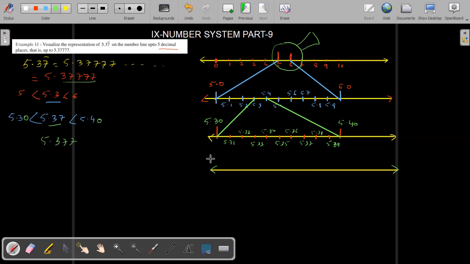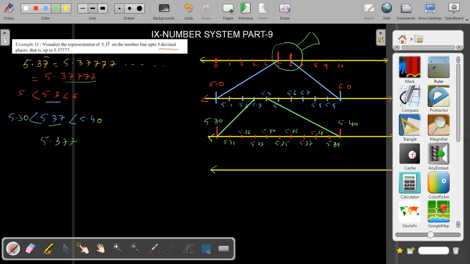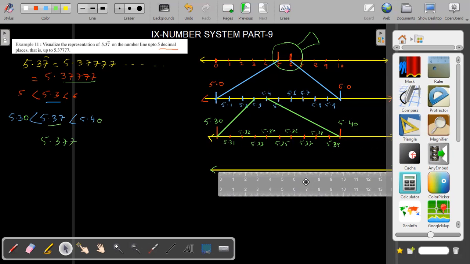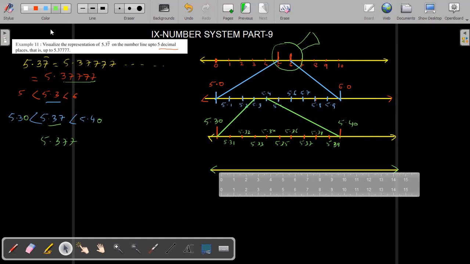Now the number will come between 5.37 and 5.38. So again, you have to divide into 10 parts, similarly to what we have done before. So divide into 10 parts, the same way.